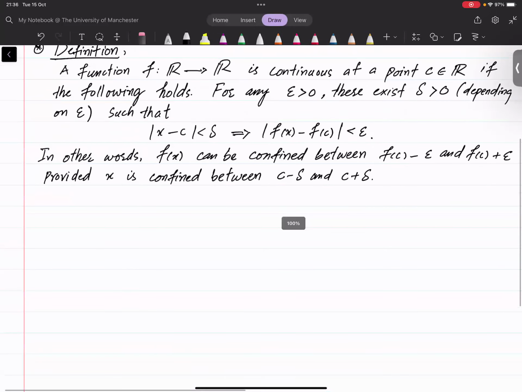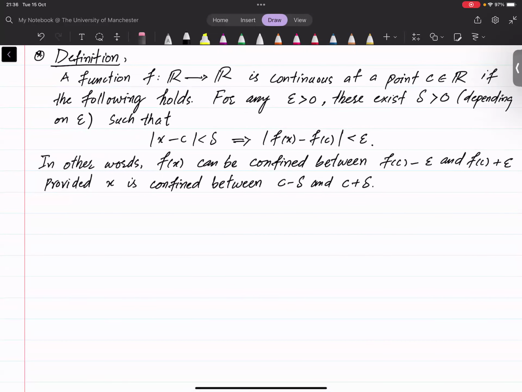Now, we always understand more by examples. So let's give an example.